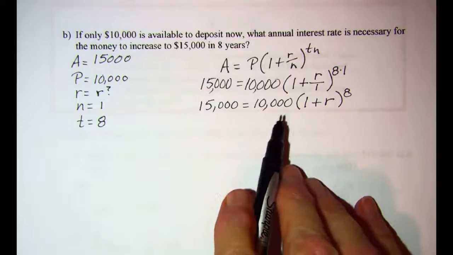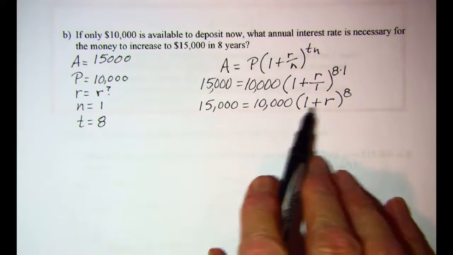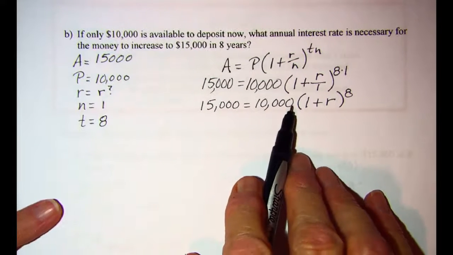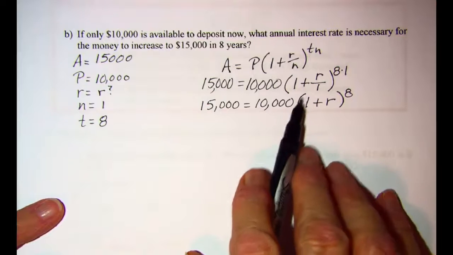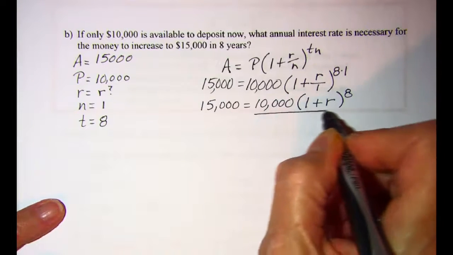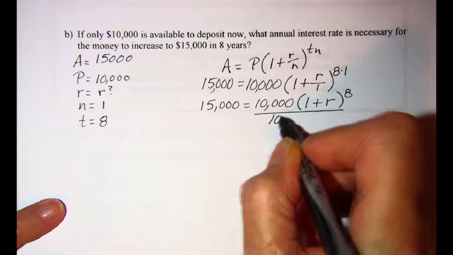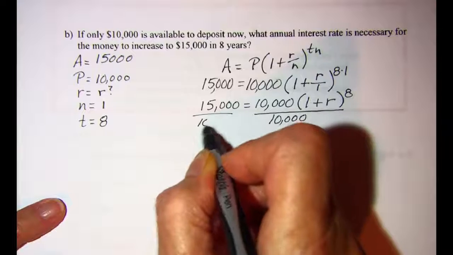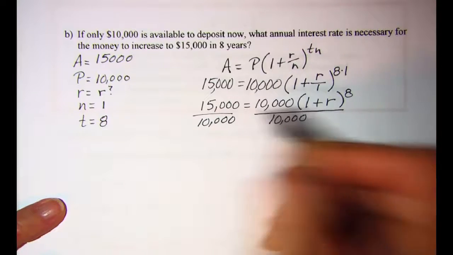So the first thing that I need to take off of this right side is this 10,000. Since the 10,000 is multiplied by this quantity, I need to get rid of it by the inverse operation, which is division. So I'm going to divide both sides by 10,000.